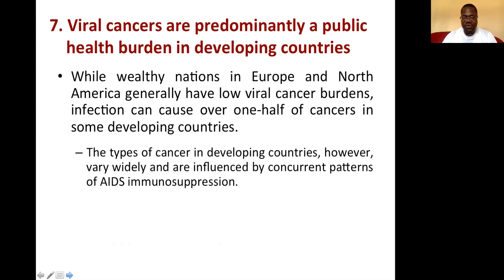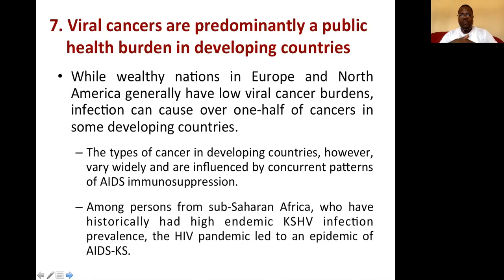So the types of cancer in developing countries vary widely and are influenced by concurrent patterns, and especially one major leading issue is HIV and AIDS, which lead to immunosuppression of patients, leading to the development of cancer.